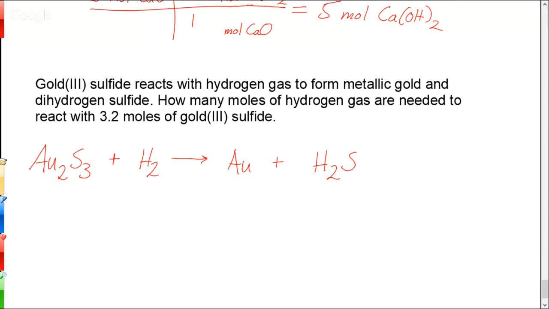Okay, so we got this plus 3, this minus 2. But if you take one of these or one of these, you've got minus 6 total for these. And plus 3. You see what you need to write 2 in there also. Think about the total charge of the compound.